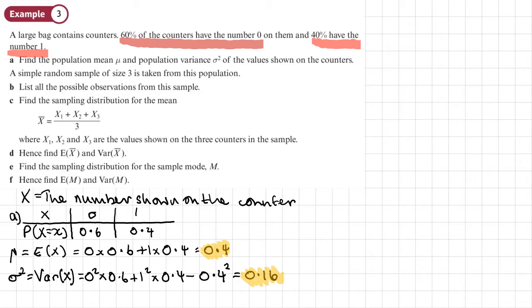And part B, it says list all the possible observations from this sample. And it would help to read this bit just before. It says a simple random sample of 3 is taken. Okay, so we need to list basically all the possible observations when we take 3 counters. We'll do this systematically.